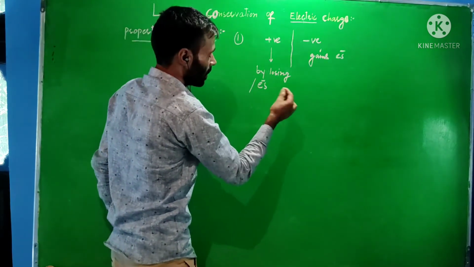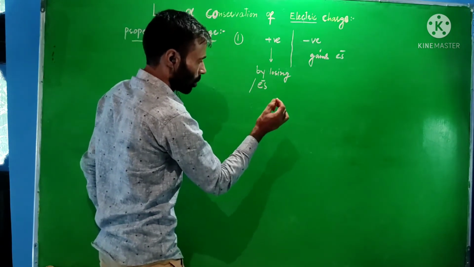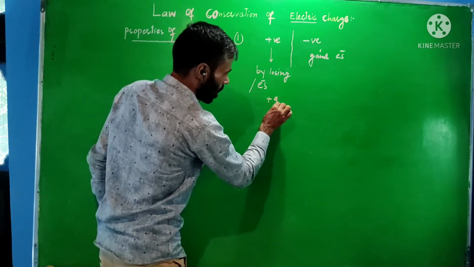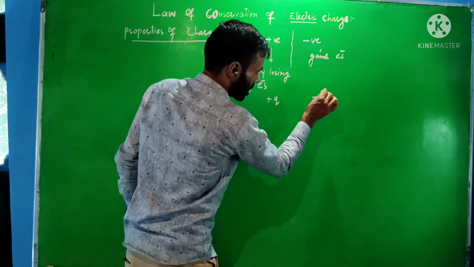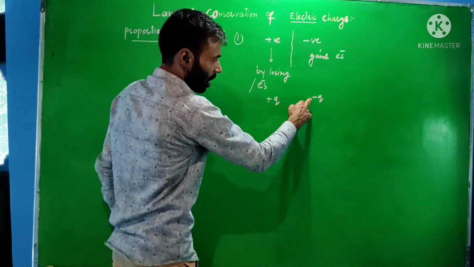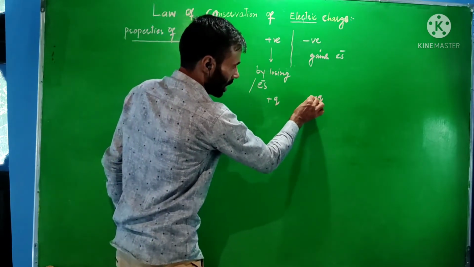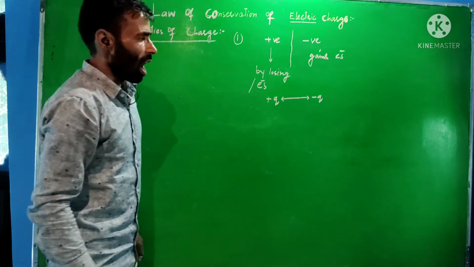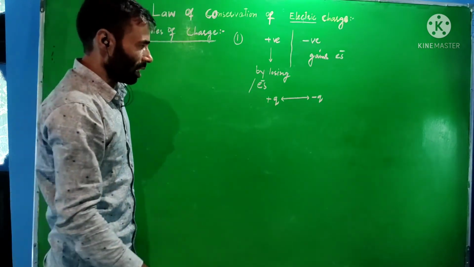After that, suppose we have two charges, for example, one charge as plus Q and the other as minus Q. If brought close to each other, they will attract each other, meaning unlike charges attract each other.